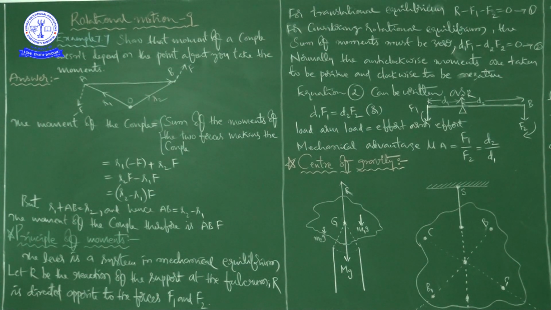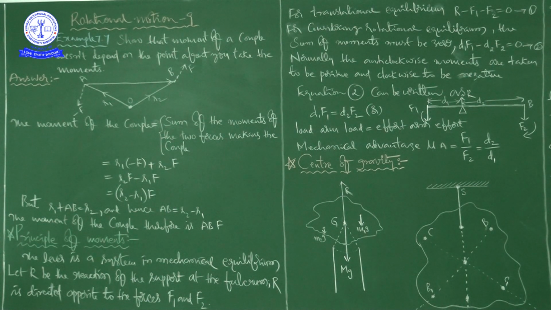An ideal lever is essentially a light rod pivoted at a point along its length. See here, it is pivoted here, and it is the light rod. This is the length of the rod, and this point is called the fulcrum. A seesaw on the children's playground is a typical example of a lever, I already told you.